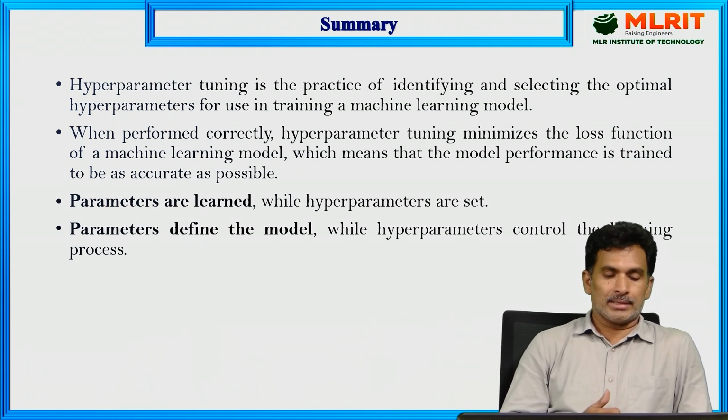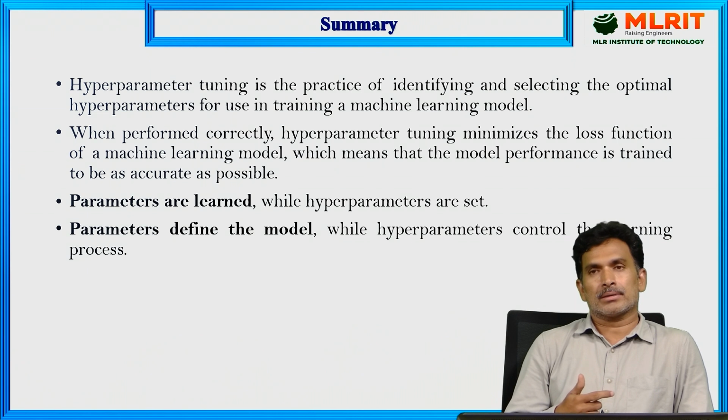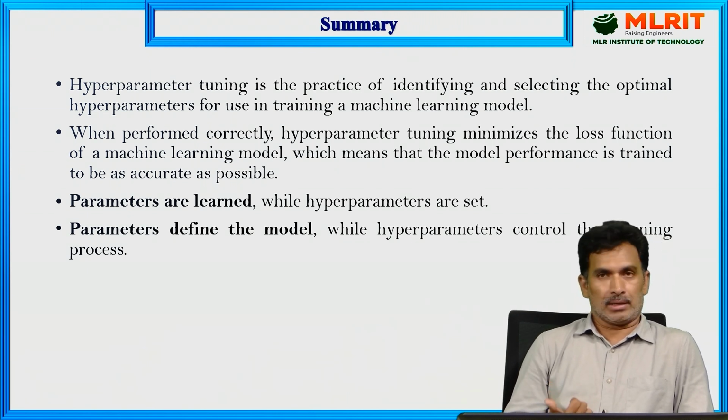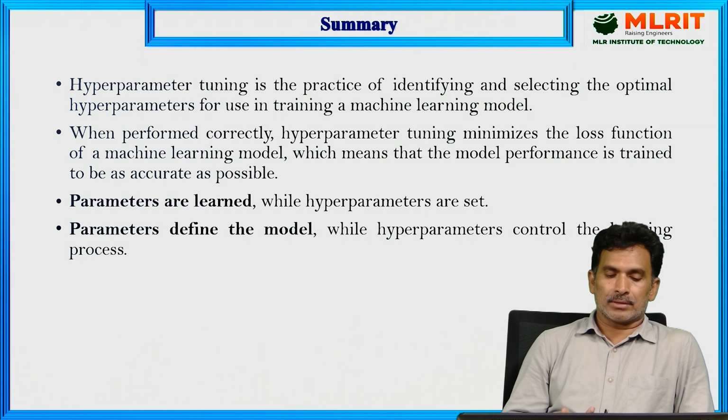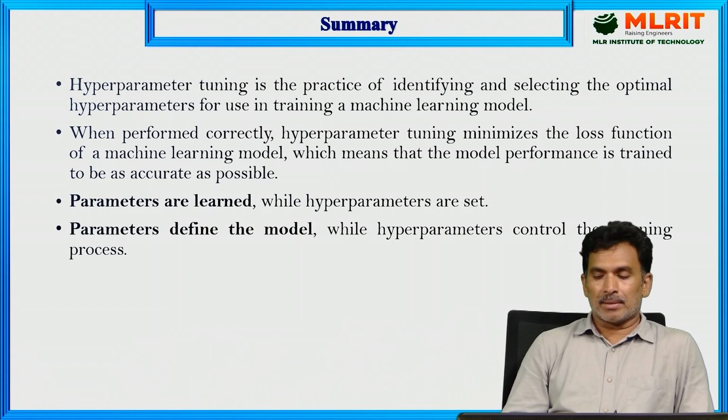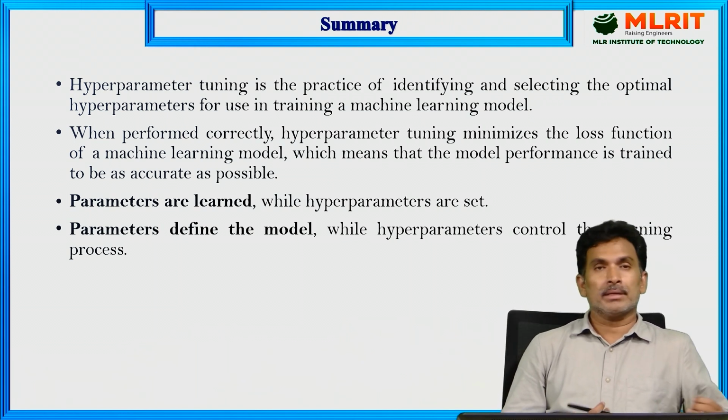As we discussed, parameters are also called model parameters, and then there are hyperparameters. Parameters are learned, whereas hyperparameters are set. Parameters define the model, while hyperparameters control the learning process.